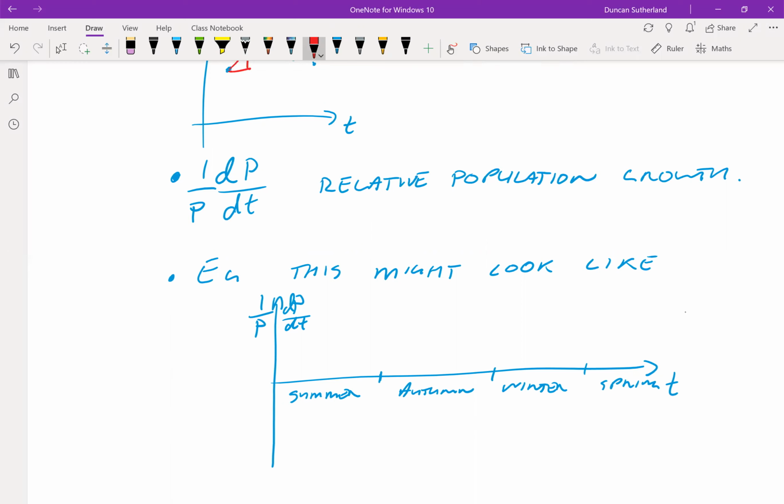So let's say you've got 1 year's worth of data. You might see quite high population growth in summer, declining as you come into autumn, gets worse, sort of bottoms out around winter. Towards the end of winter, things start to look good again. Right, and by springtime, you're back up roughly to the same level as you were in summer.